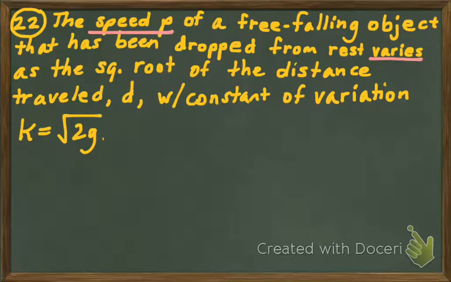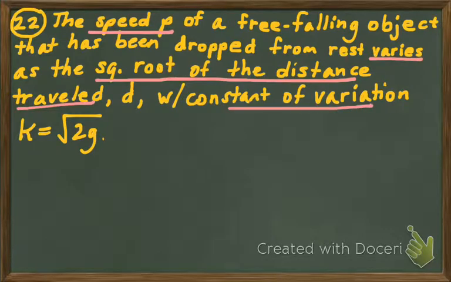Varies as the square root of the distance traveled. And then we have this constant of variation defined as the square root of 2g. So we're going to write P, and it says it varies. So that verb there tells you that that's where your equation is going to break. It varies how?